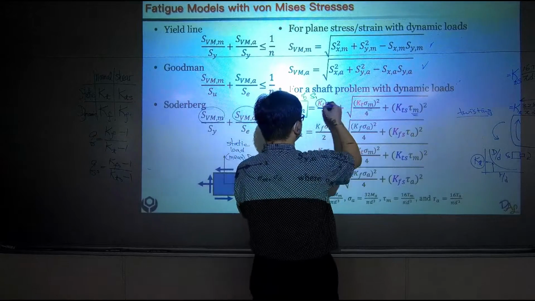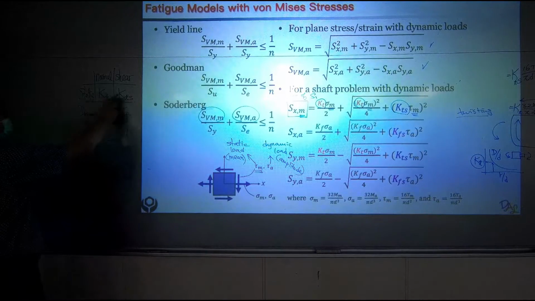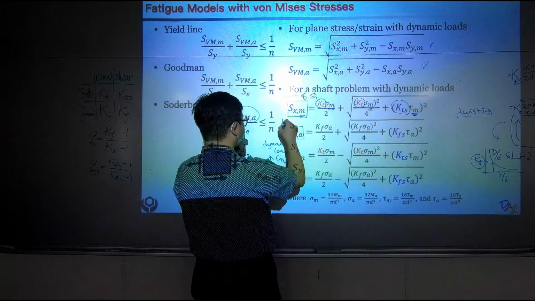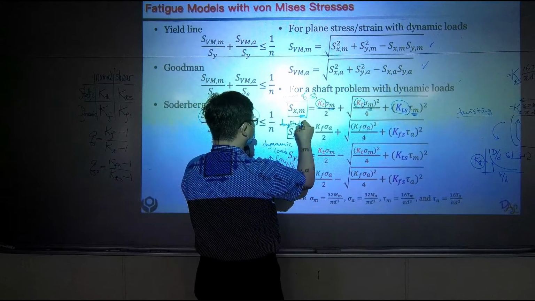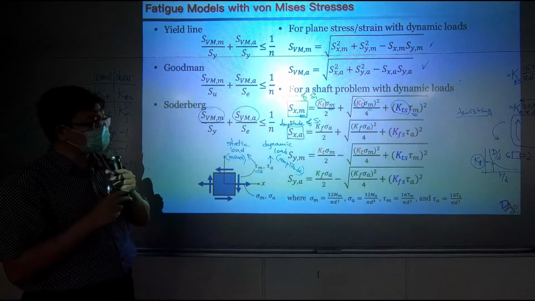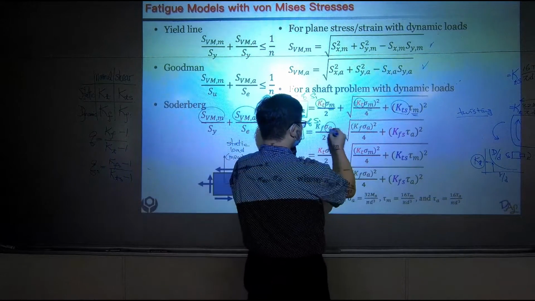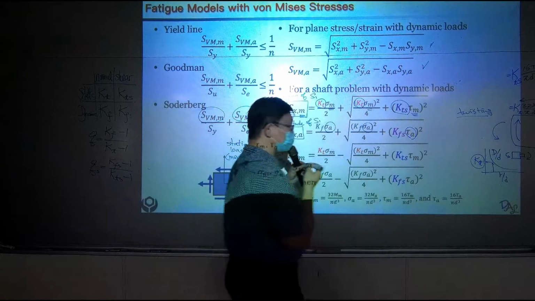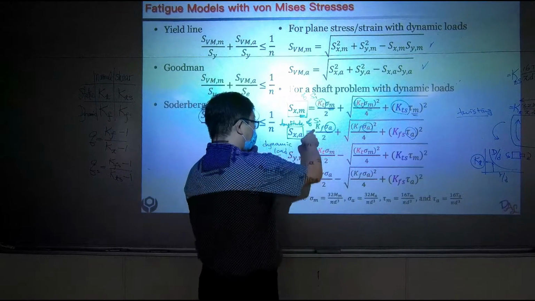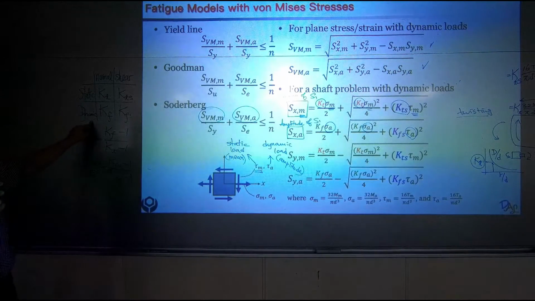The K factors are the static ones, KT and KTS. Okay? How about the amplitude? When you are dealing with the amplitude of your principal stress, they are varying stresses. Those stresses are values that change all the time. That's why when we apply stress concentration factor, we will be applying the dynamic ones.